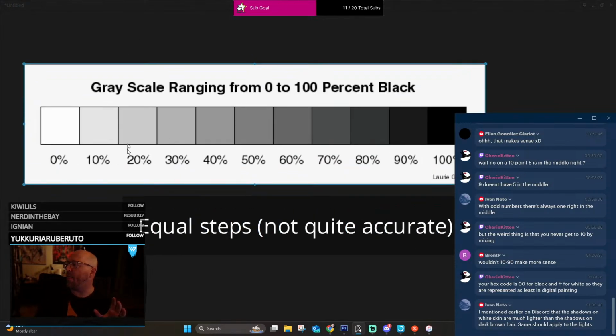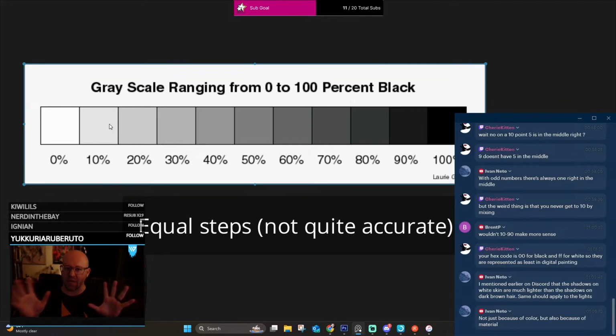So let's say you had, and we're going to look at some actual examples here in a minute, and we'll kind of come back and forth between the value scale so we can compare this. I know saying it's one thing, but looking at it's a whole different thing. Let's say instead of going, okay, my highlights are at the 10, my midtones are at the 50, and then my shadows are at the 90, think of it like this. My highlights, or my light, the whole light in the scene, is going to range from 10 to 40%.